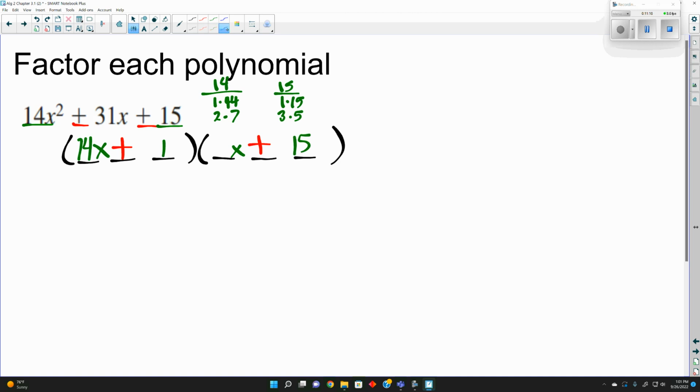And again, how we do these is we put them in, then we check it to see if we get it right.